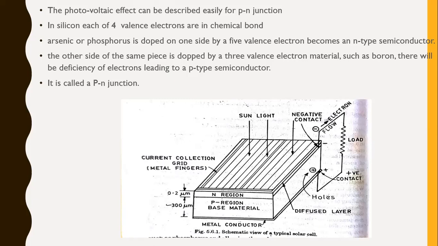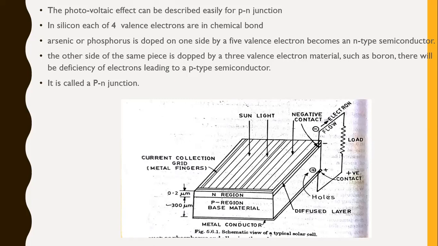In n-type the electrons move freely in the lattice, and we define the deficiency of electrons as holes in p-type, which move freely in the lattice. A piece of semiconductor with one side p region and the other side n region is called a p-n junction.